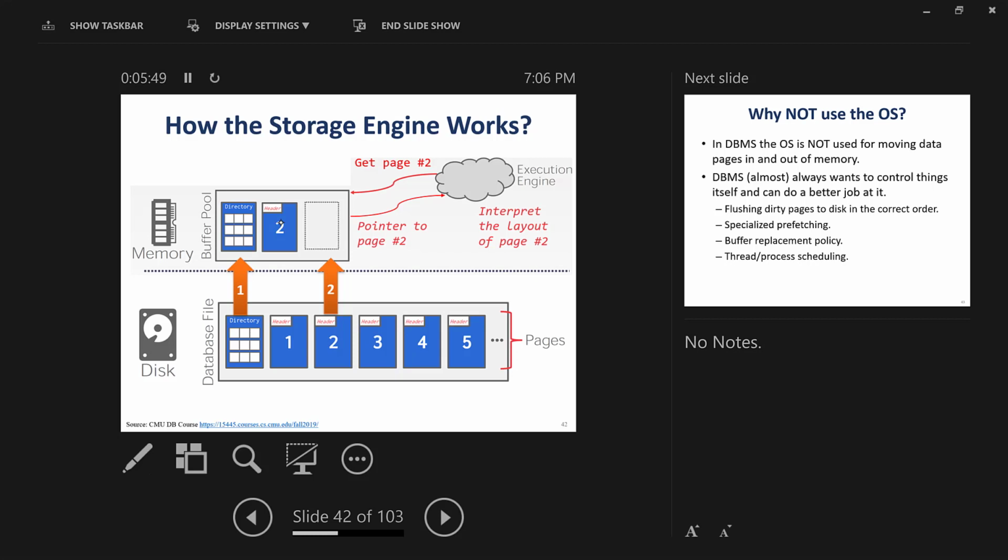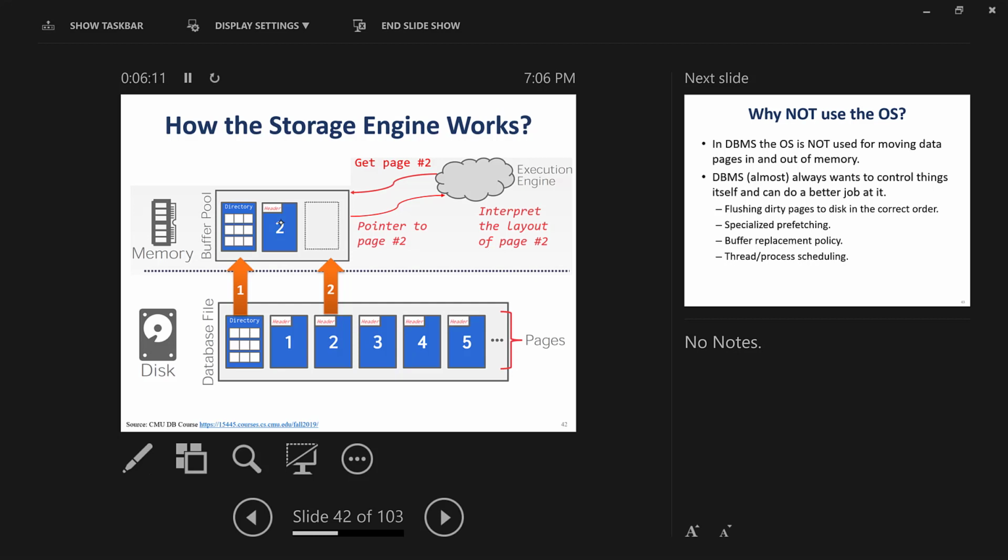There is a dictionary that maps the logical address of the page to the physical address. Whenever somebody requests a particular page, we look up the physical address from the dictionary, go and get the page, and hand over a pointer to the page to the requester.